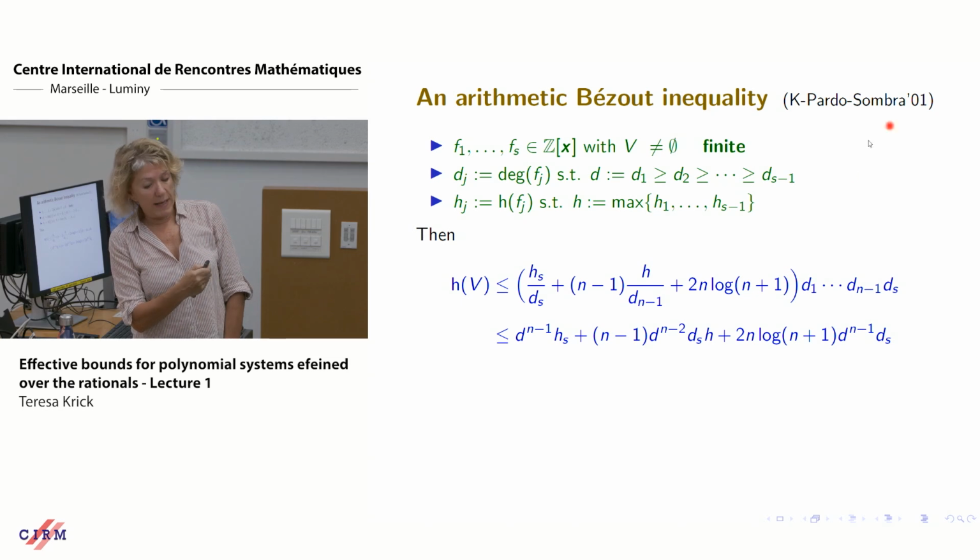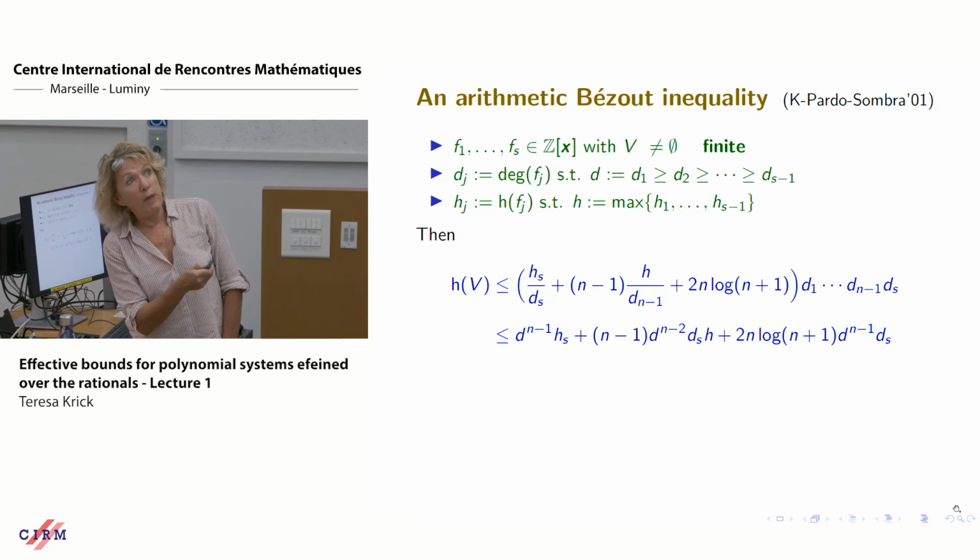So the height of the variety V is bounded by this quantity, which is kind of hard to read, so I prefer the second line. The second line says, this is my distinguished polynomial f_s, which has height h_s, and h_s appears multiplied by d to the n minus 1. Then all the others have this behavior here, which is related to heights, and then there is this term which only contains degrees.